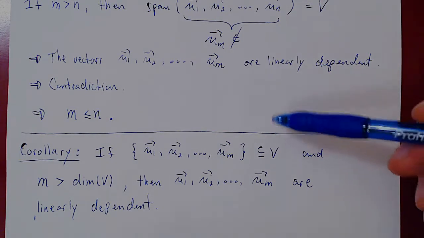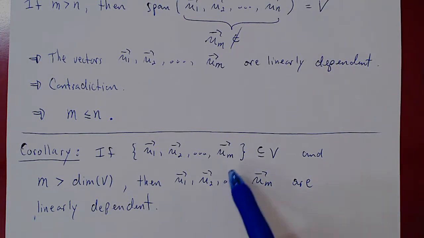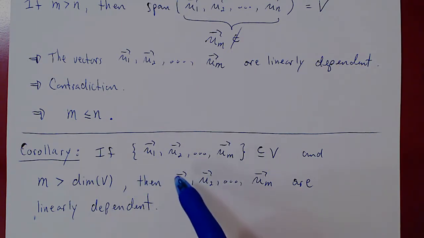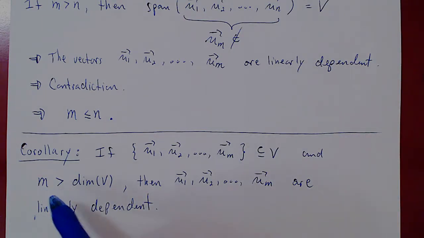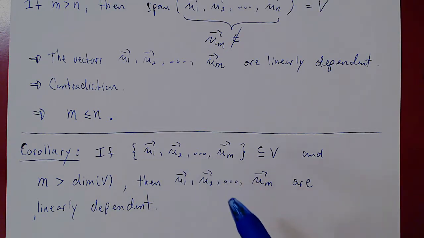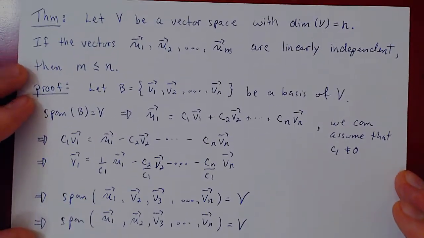And think of why we already have proved this in the previous result. Think of it by contradiction. The conclusion here is that the vectors are linearly dependent. Well, assume that they weren't, right? The assumption here is that we have m vectors in the vector space V, and that m is strictly bigger than the dimension of the space. Well, assume that these vectors were linearly independent. So we can quote the previous result.